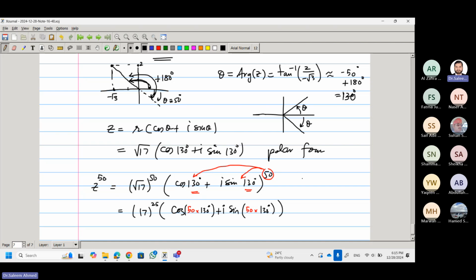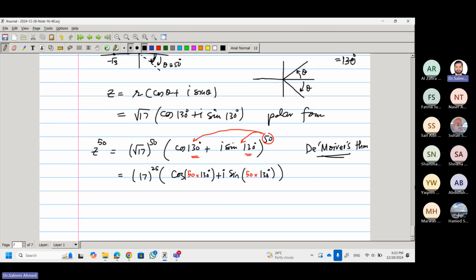De Moivre's theorem brings the power down with theta. So whenever you have a polar form, it's very easy to take the power of a complex number. Now you can multiply 130 into 50, whatever your answer is, and simplify.